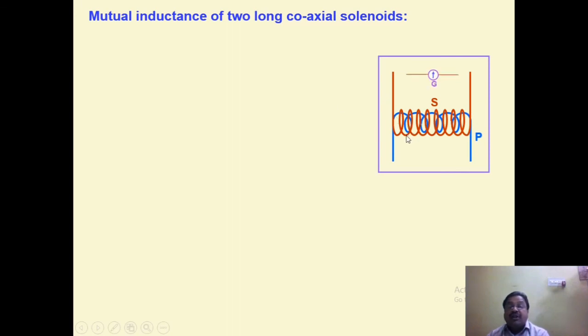These are two solenoids, and across them is connected a galvanometer G. The length of the coil is L here, and the area of cross section is A. Suppose I1 is the current changing in the primary.